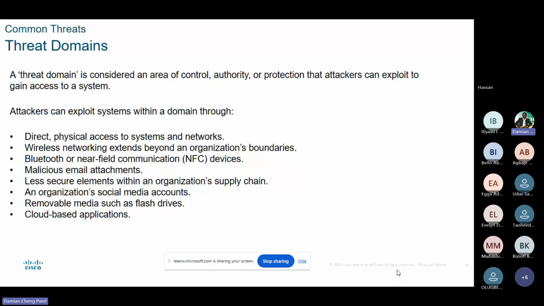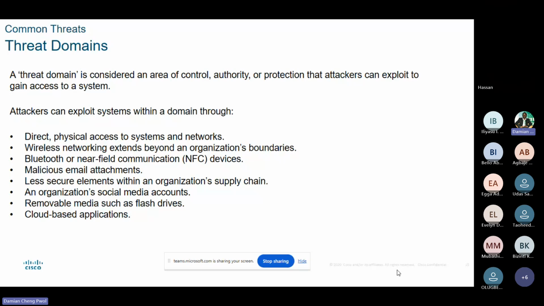When we say area, the area can be on your system. The area can be where you live, that's with the people around you. Even when you go to some sites, those can be areas as well.